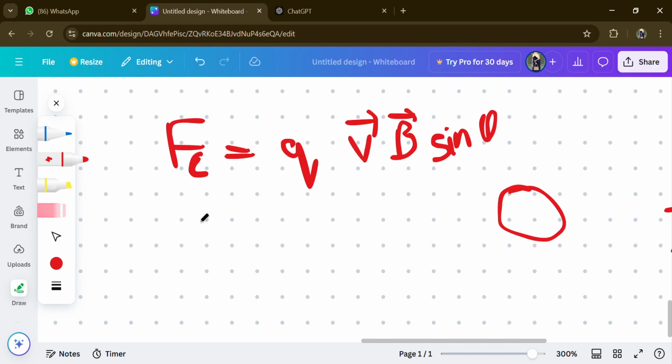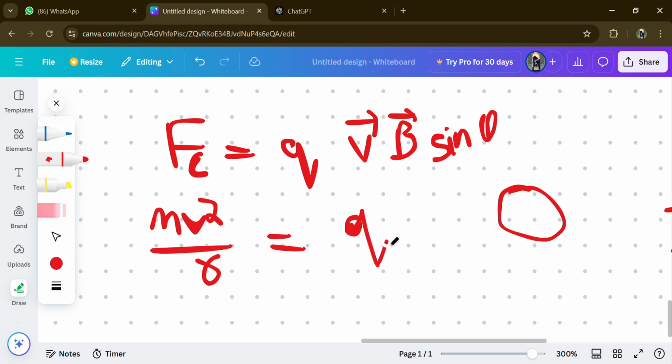Now what is the formula for the centripetal force? It is mv square upon r, and that would be equal to QVB sine theta.